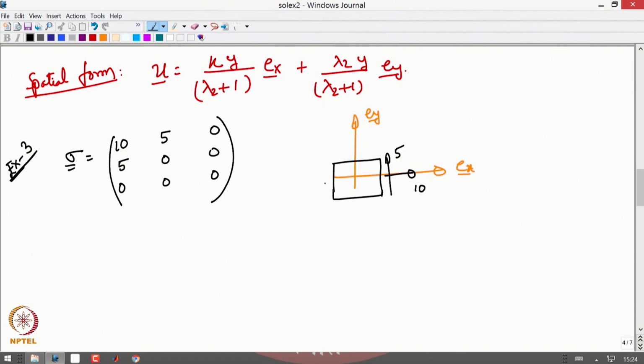From equilibrium or otherwise, you know that this will be 10 and this is also going to be 5 and this shear is also going to be 5. Okay. This is the representation of the stress matrix or stress tensor into a figurative representation of the stress state.